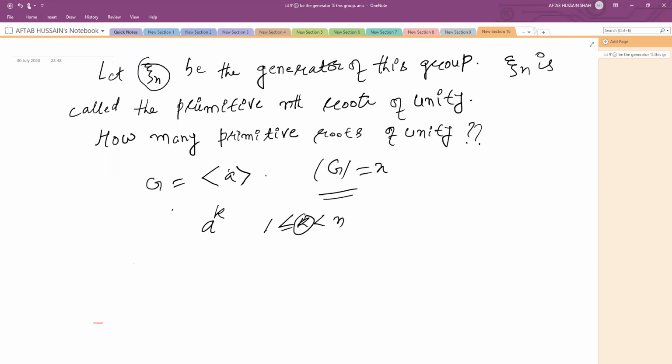That is where we get phi n, the Euler phi function.